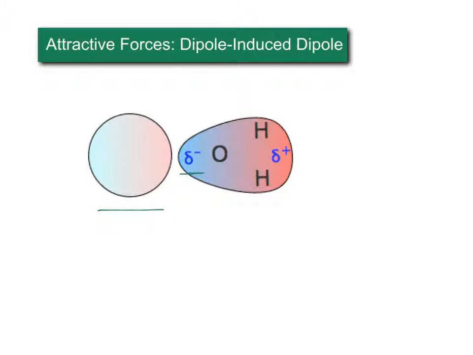And for example, if we have a negative here, the electrons that are in our nonpolar molecule or atom aren't going to want to be near there, so they're all going to move over this direction, and we're going to get some positive charge over here because the nucleus will be more exposed, and the electrons will all be over this direction because they're trying to get away from this negative charge. So when this happens, that's called an induced dipole. And because now we've induced a charge on either side, it can interact in an attractive manner with the dipole that's already there in this polar molecule.